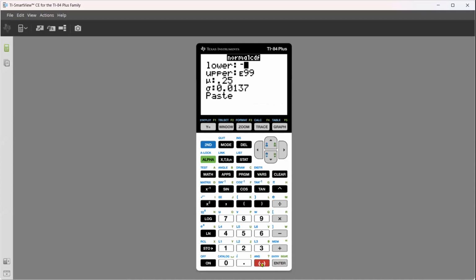Remember, use your toggle minus down here by the enter key. Second EE, 99. We're going to go to 0.19. We're going to have 0.25. We're going to have 0.0137. And we're going to get this thing with a negative 6.